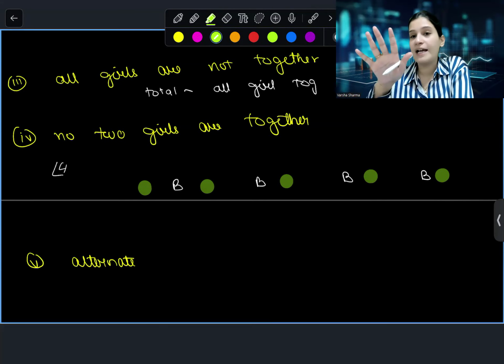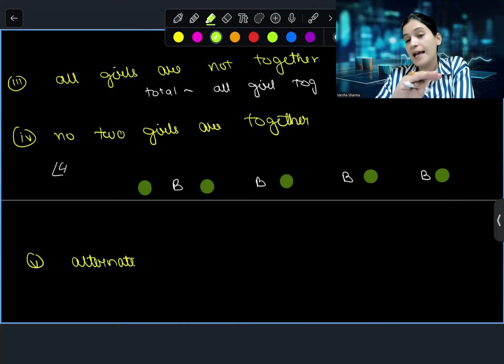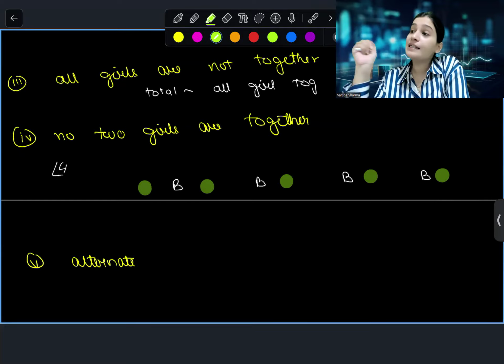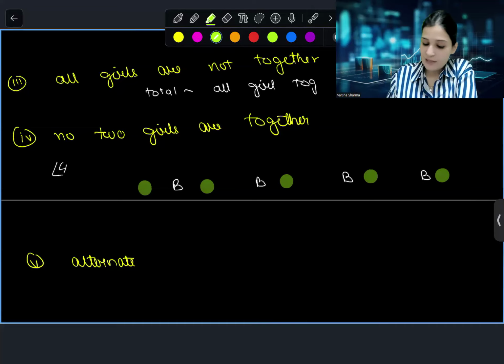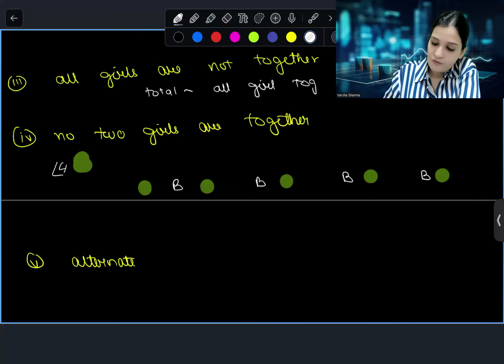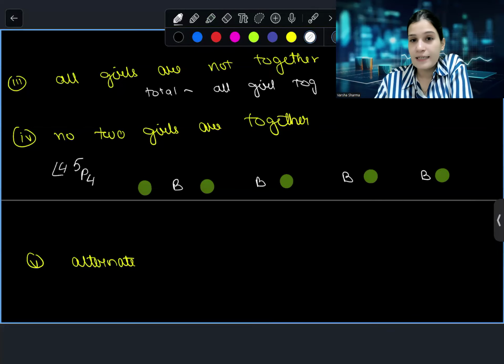So out of 5, I need to select 4 places, and then in those selected 4 places, I need to arrange. So I first select and then arrange. Out of 5, select 4 and then arrange in those 4 selected positions. So that will be 5P4. Clear?